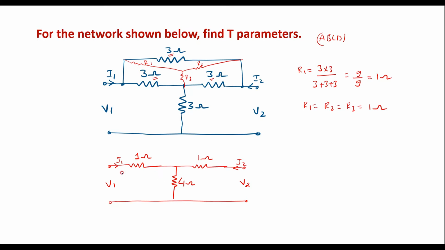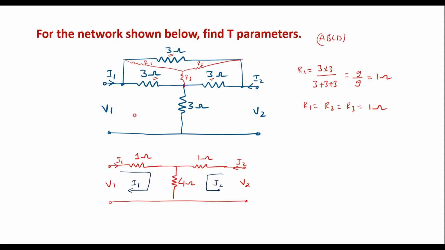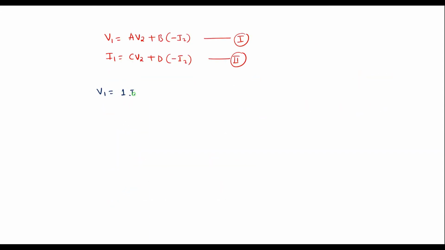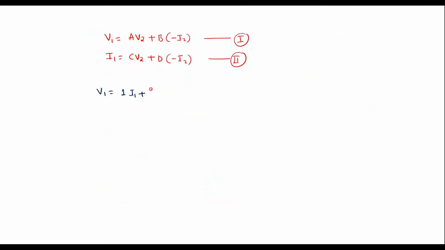Now apply KVL to this loop. Here we can see that the current through this loop is I1 and the current through this loop is I2. I will apply KVL to loop I1. I can get V1 is equal to the voltage across 1 ohm, which is 1 into I1, plus, in the 4 ohm resistor both currents will flow, that is 4 into (I1 plus I2).